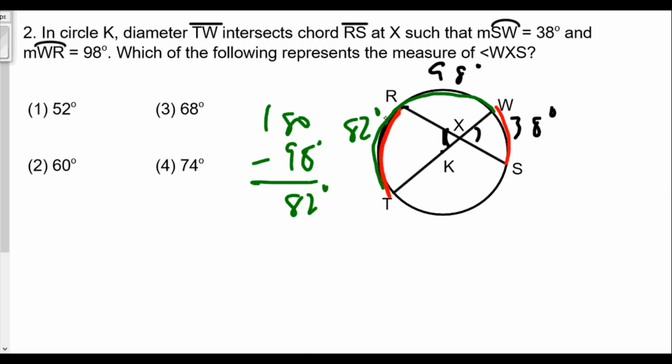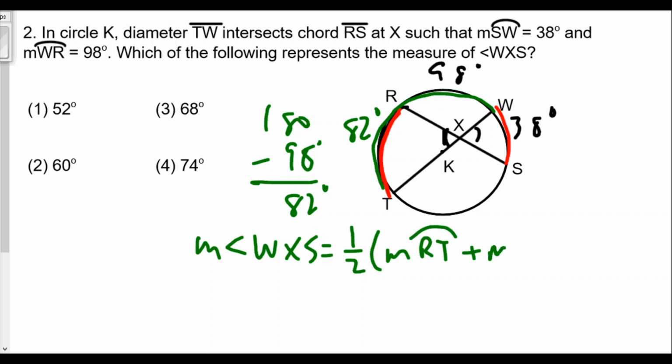Okay, and so we now found arc RT, and we now found arc WS. We will say the measure of angle WXS is equal to 1/2 the measure of arc RT plus the measure of arc SW. And therefore it is 1/2 the sum of 82 plus 38.